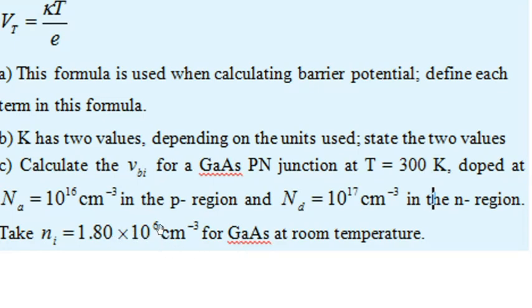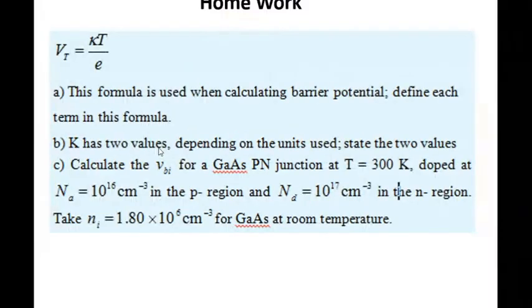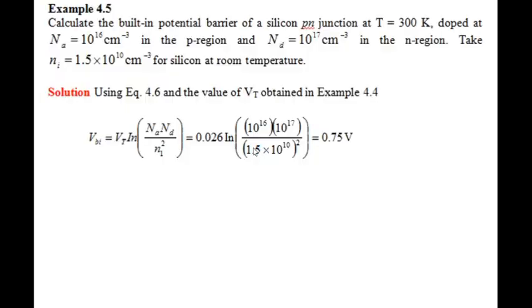Now you can see the intrinsic concentration of carriers in gallium arsenide is 1.8 times 10 raised to power 6. Now, the one which we gave for silicon was 1.5 times 10 raised to power 10 in the previous example which we did.